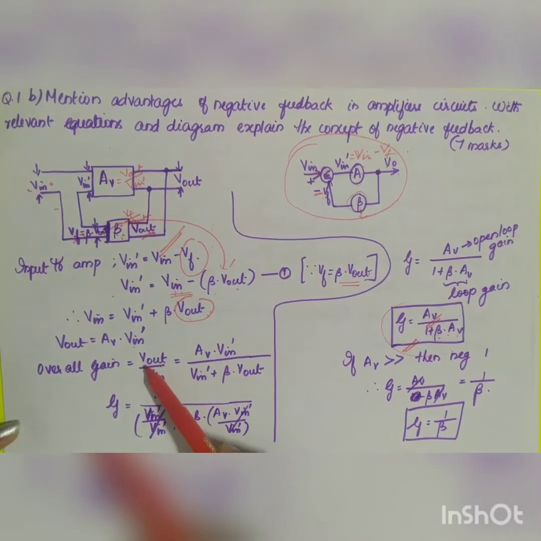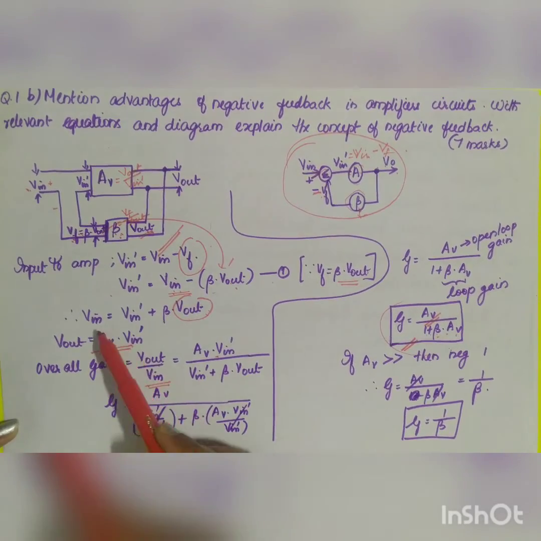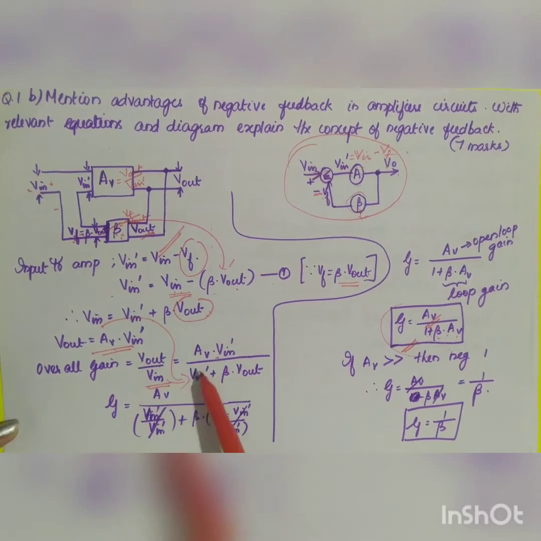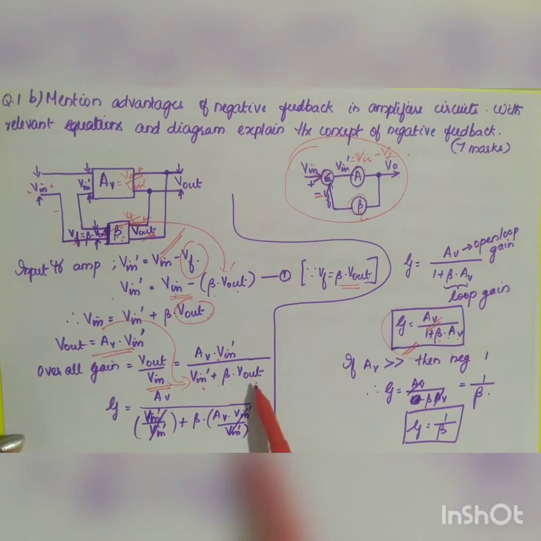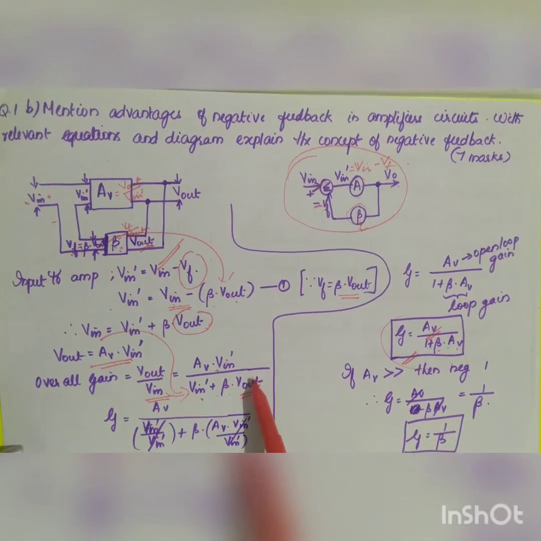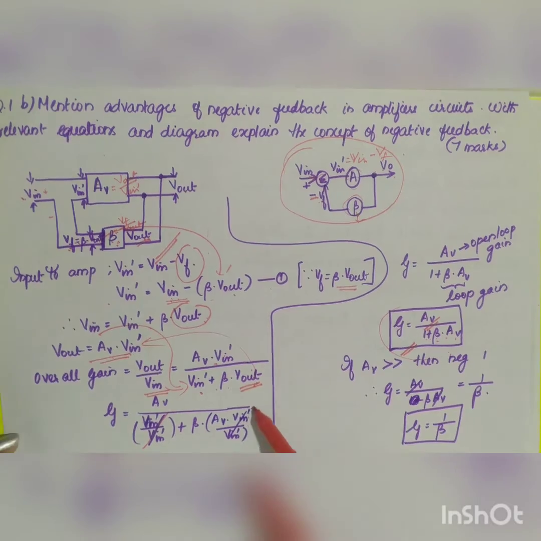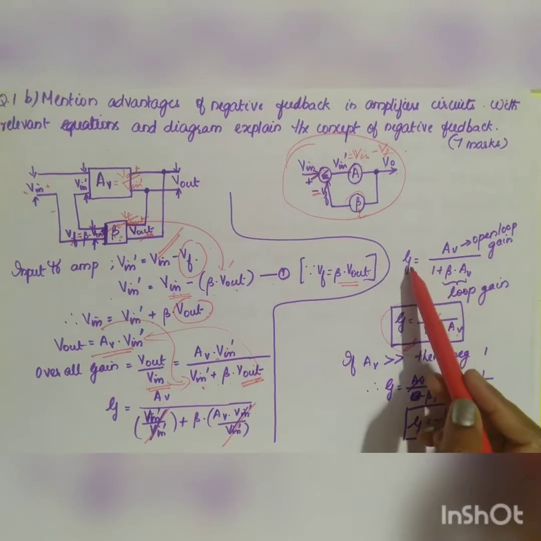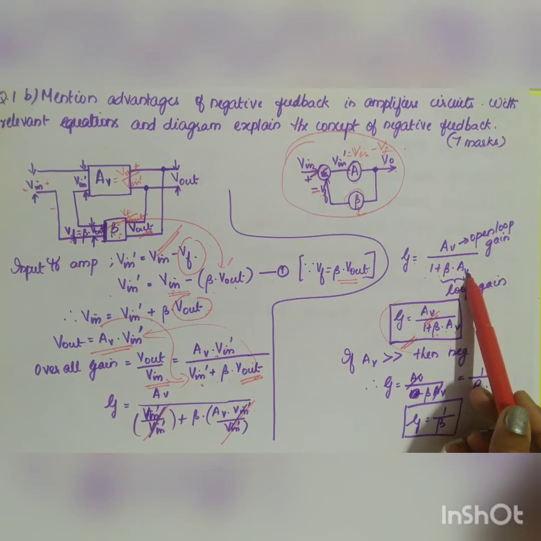Now instead of V out, you are going to substitute AV into V in dash. What is your V in? Substitute this value: V in dash plus beta into V out. Bring this V in dash towards your denominator, and here also you substitute the value for V out, AV into V in dash. So V in dash gets cancelled. Here also it gets cancelled. So you'll be getting G is equal to AV divided by 1 plus beta into AV.